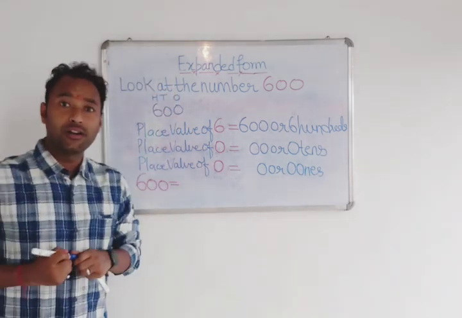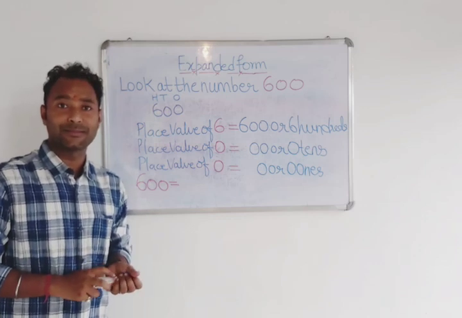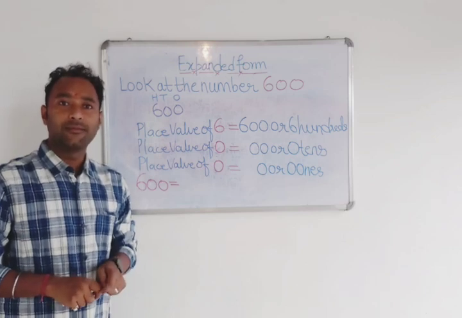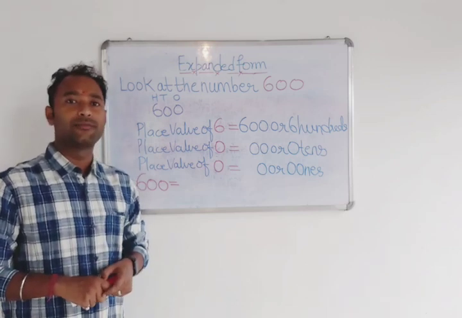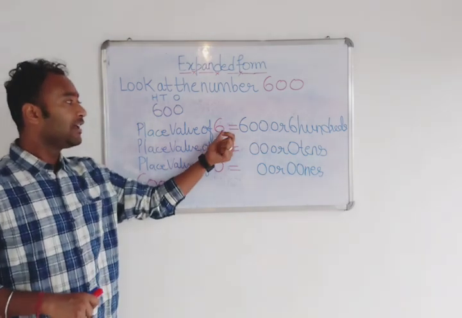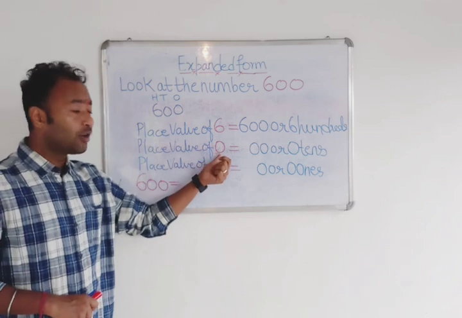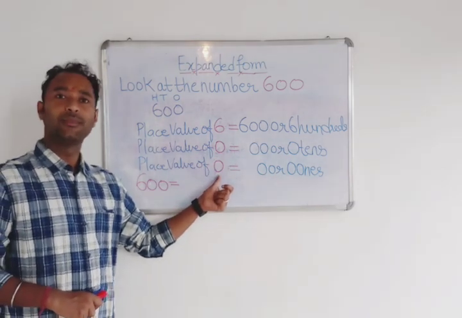Students, I have already told you and briefed you in the definition of expanded form that expanded form is a form in which we add all the place values of the digits. So here 6 is already having place value, 0 is already having place value, and this 0 is already having place value.